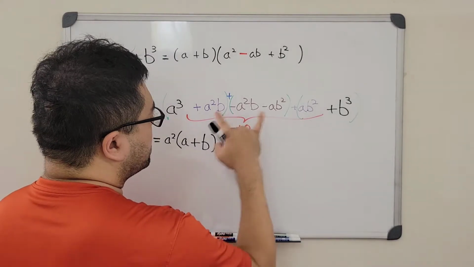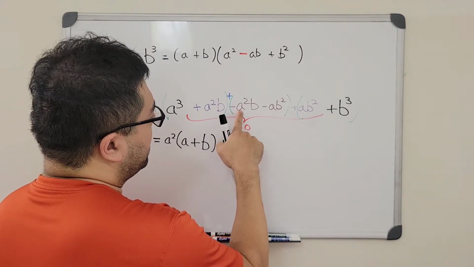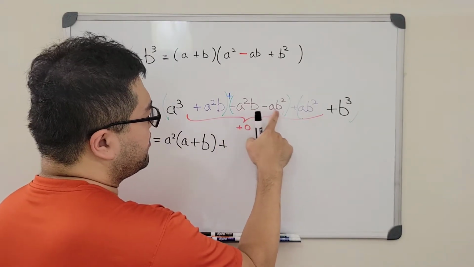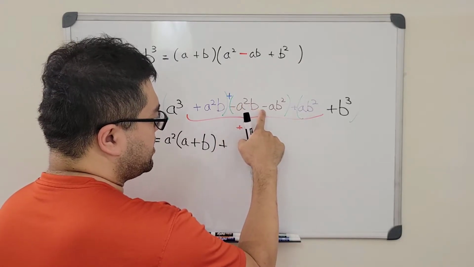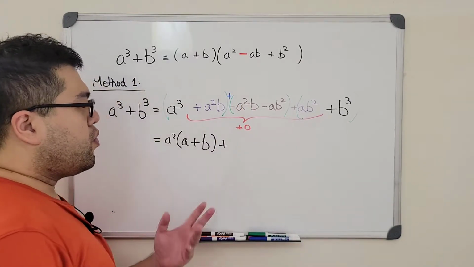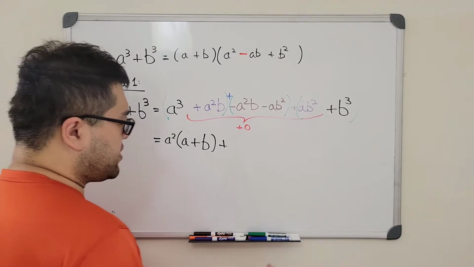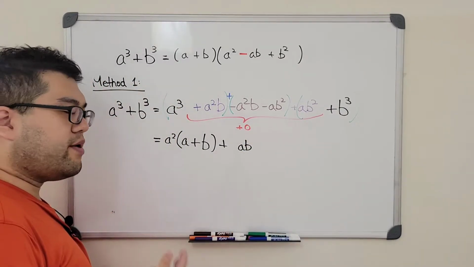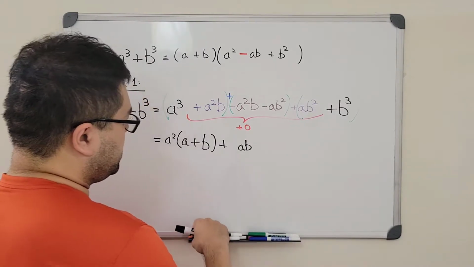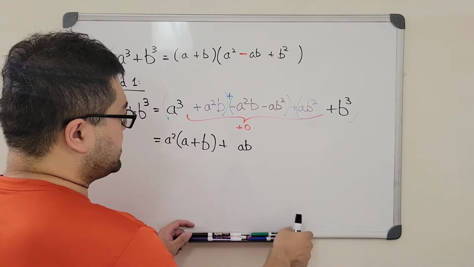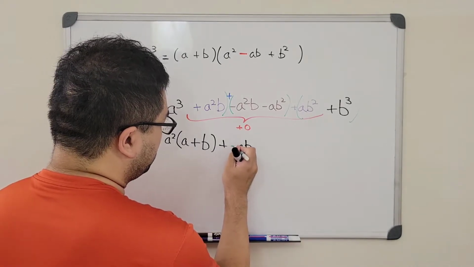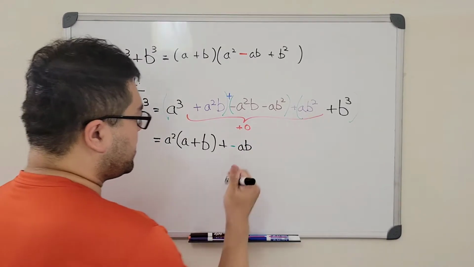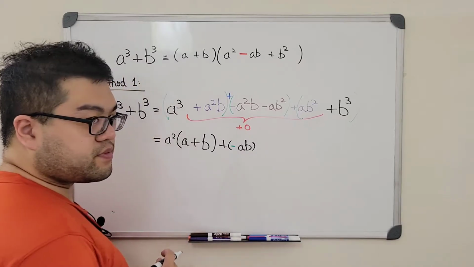Now for the second part, we have a and a here, we have b and b here, we also have minus sign and minus sign. So what can we factor out? We can now factor out the a and also the b as well as the minus sign. So I'll use this color to remind us, okay, like this.